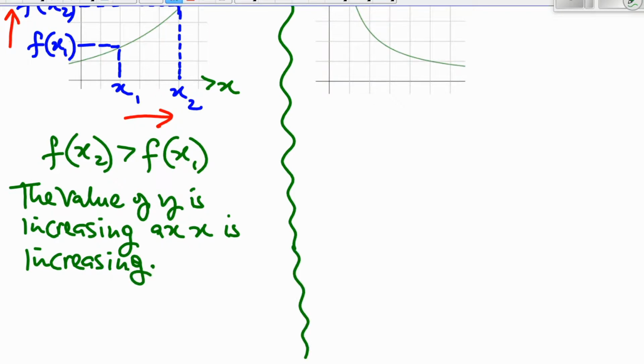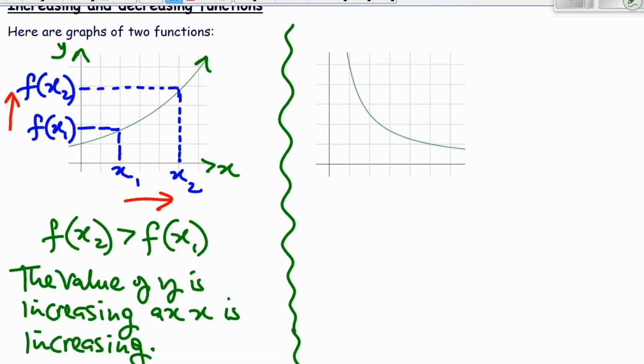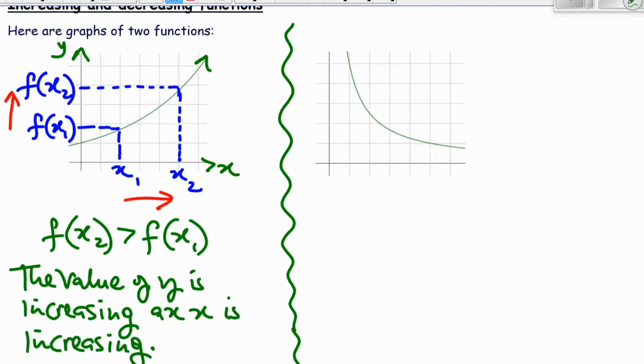There are some other observations. If you look at this graph again, we can notice that we are moving uphill from left to right, which means that the slope will be greater than 0.